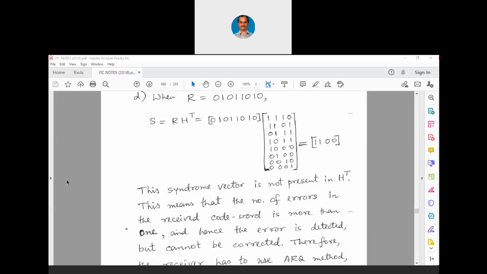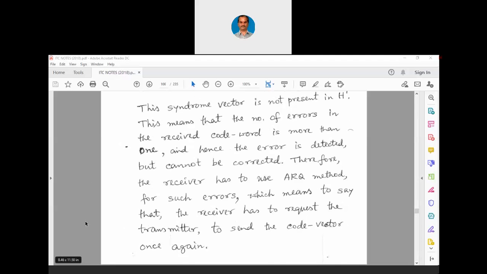So coming back to this particular example, the syndrome vector is not present in H transpose. This means that the number of errors in the received code word is more than 1, and hence the error is detected but cannot be corrected. Therefore, the receiver has to use the ARQ method for such errors.